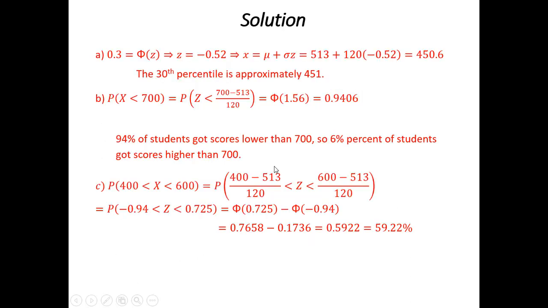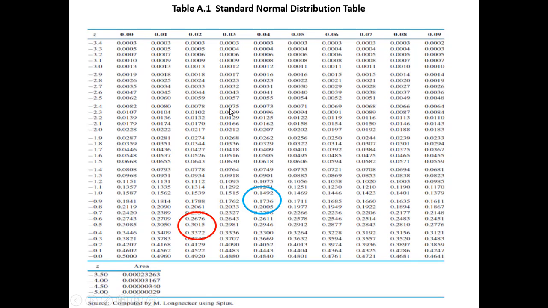Okay, so again, we have the 30th percentile. So we have to use our table sort of in reverse, and that should give us a z-value of minus 0.52.